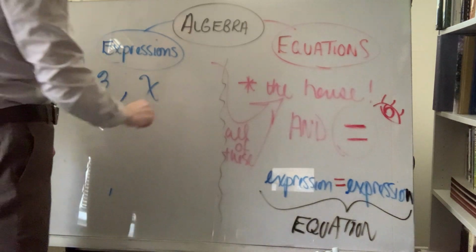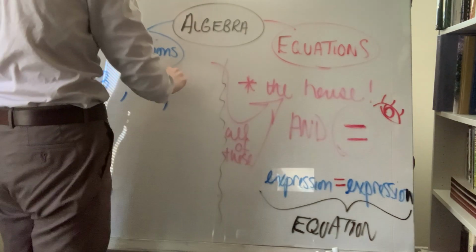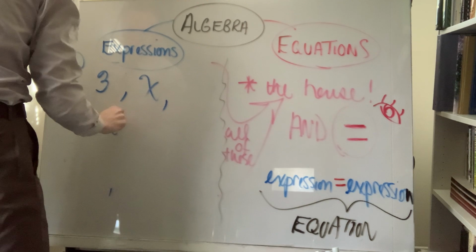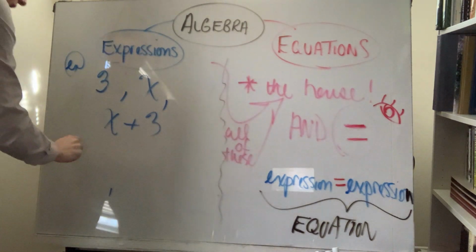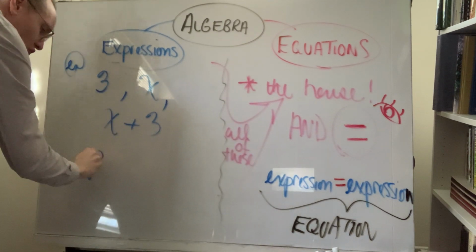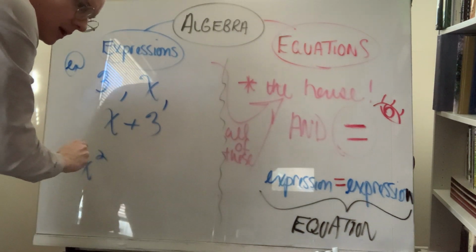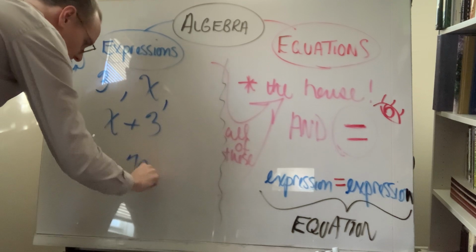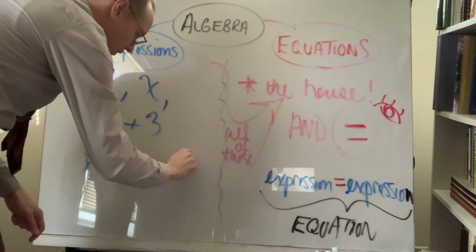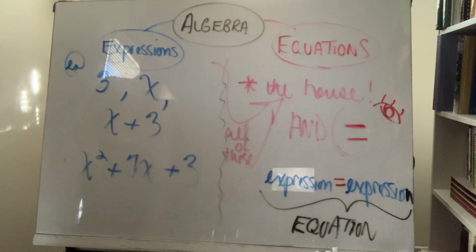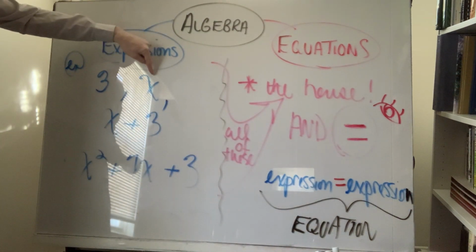If you had these two together, you might see something like x plus 3. Or something even more complicated than that, like x squared plus 7x, plus 3. An algebraic expression.